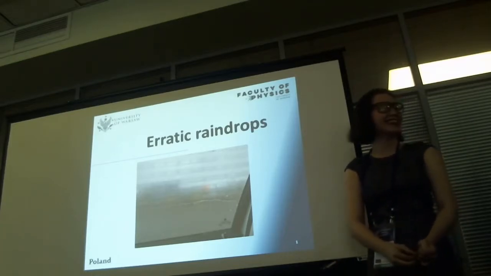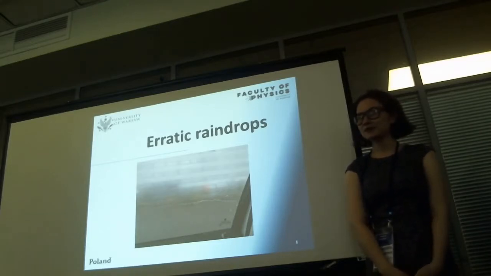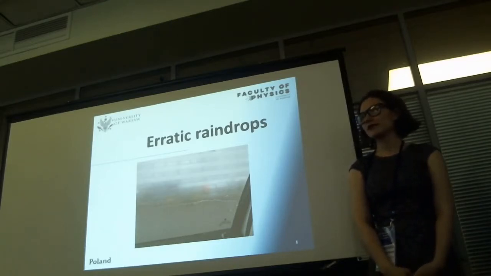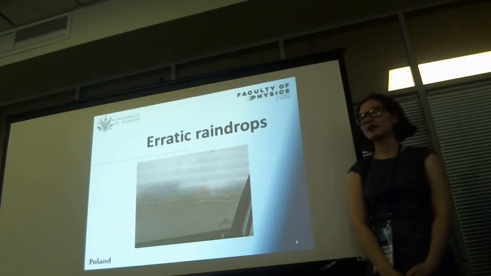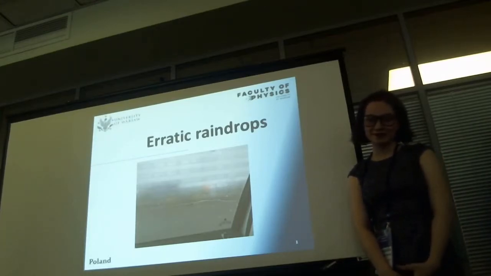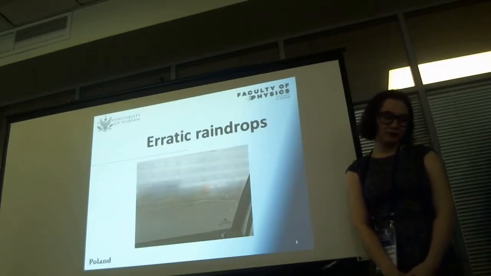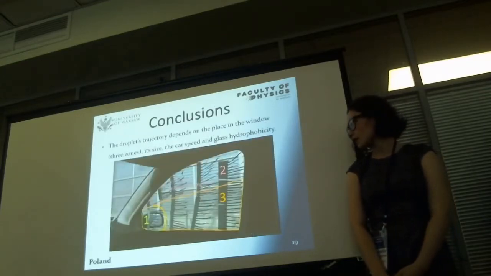Okay, to conclusions. I really liked your questions about the rectangular car, and I think the most important thing here is the drag force, which influences the trajectory of a car, and also these parameters which we can see here.